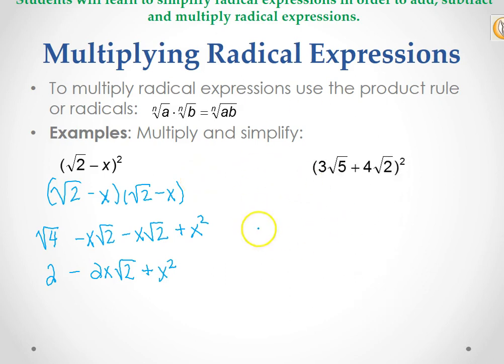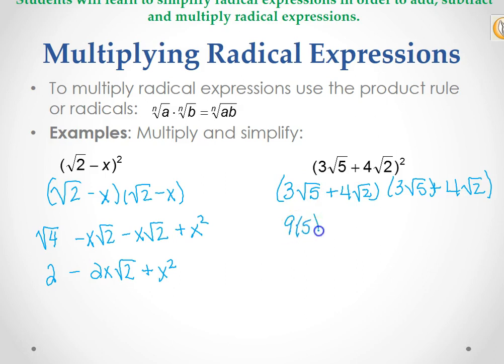Same thing here. We're just going to end up with a number. 3 square roots of 5 plus 4 square roots of 2 times itself. 3 times 3 is 9. The square root of 5 times the square root of 5 is the square root of 25, which is 5. 3 times 4 is 12.